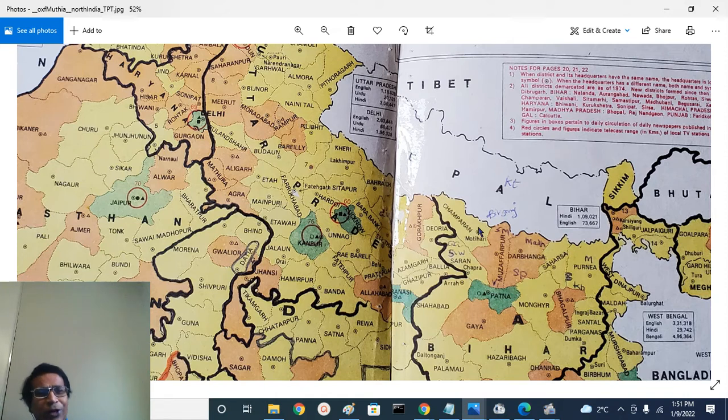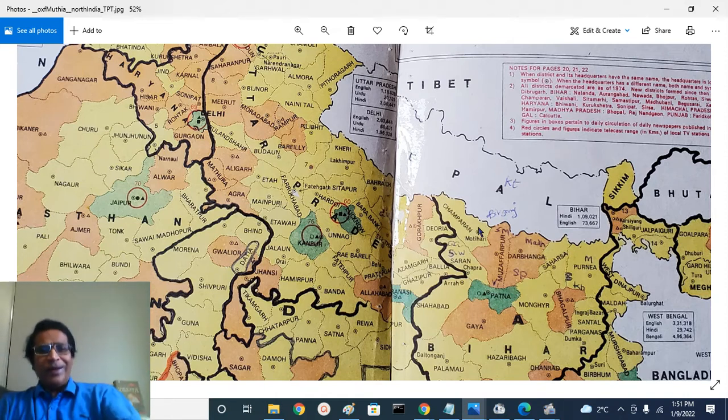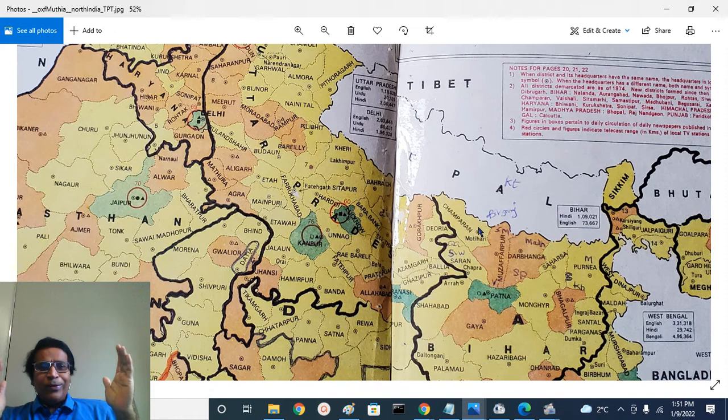The historic Treaty of Segauli, after the Anglo-Nepalese War or Anglo-Gurkha War round about 1815, was signed in this region close to this district. Even though the town itself, Segauli, Treaty of Sugauli or Segauli, is in the Champaran region, actually close to Motihari. And the last railway terminal of India is in the Raxaul region of this part.